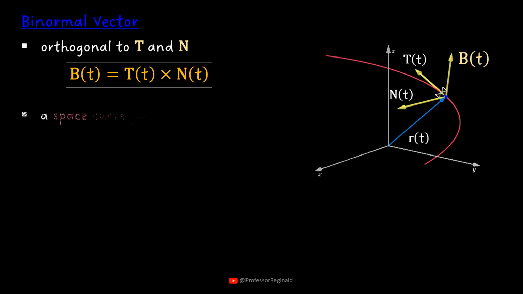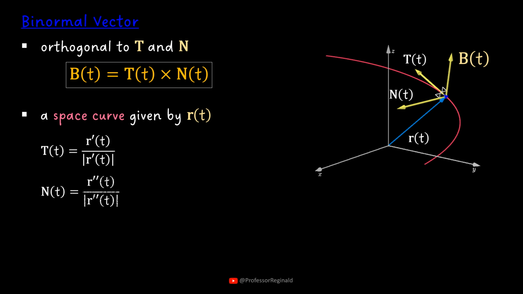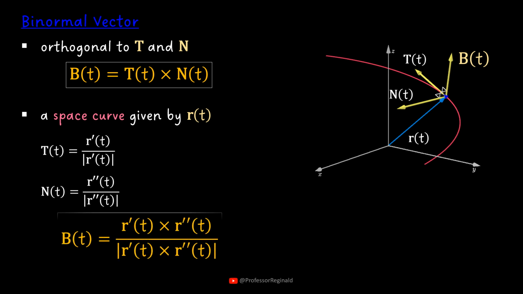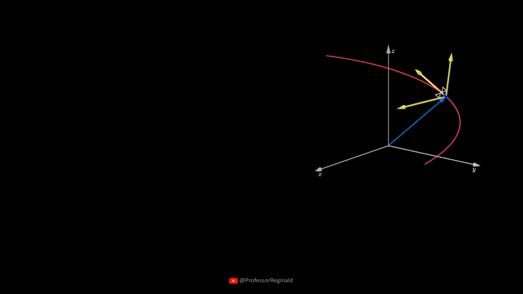For a space curve defined by a vector-valued function in parameter t, recall the following formulas for the unit tangent and unit normal vectors. Then the binormal vector is given by the following formula. The binormal vector is already a unit vector, which means its length is always equal to 1.